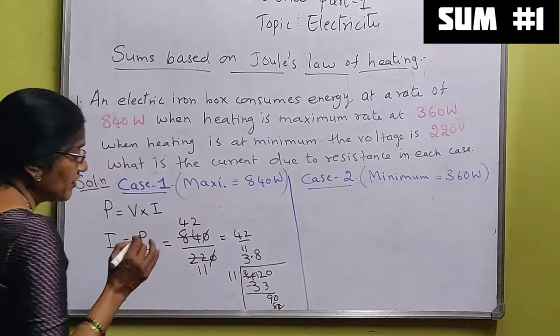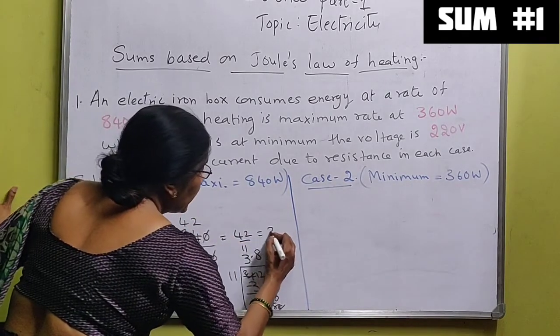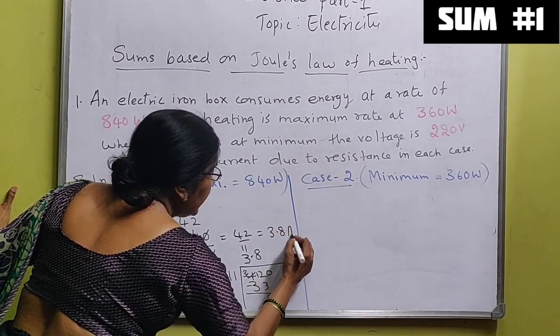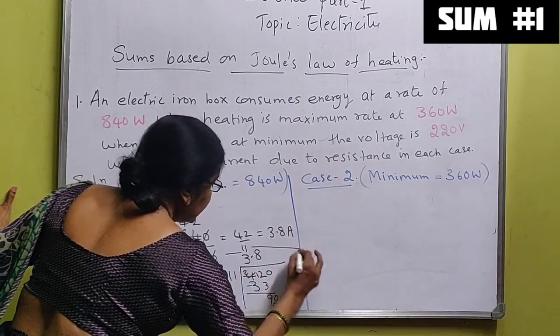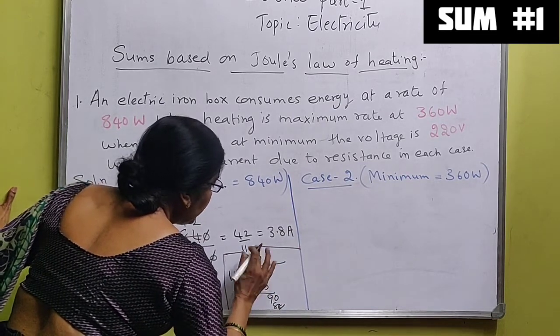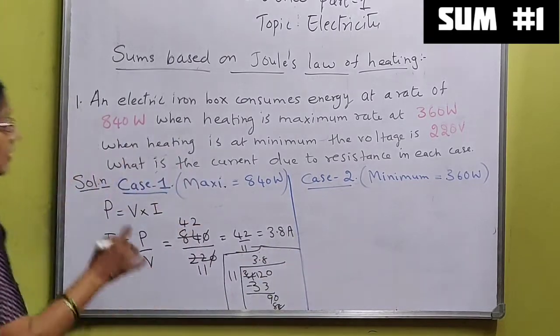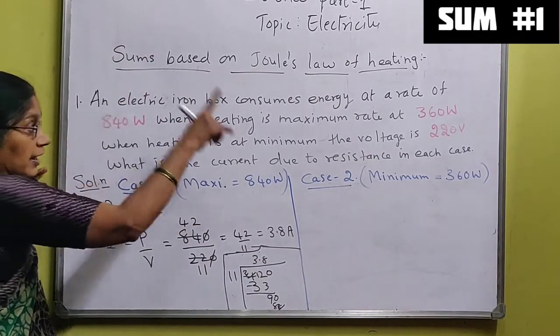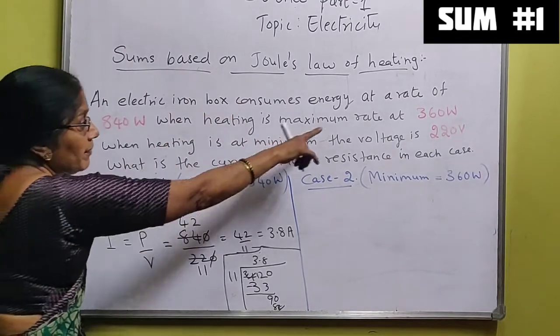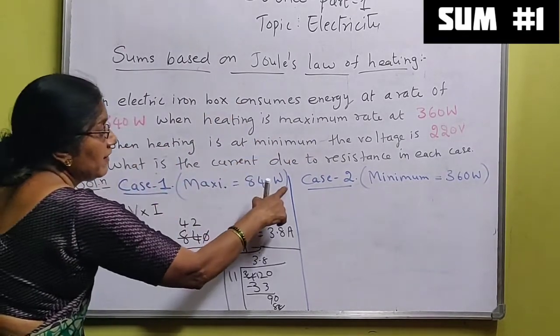So one place of decimal is enough. So we got it as 3.8 ampere is the current flowing at the maximum rate of power, 840 watt.